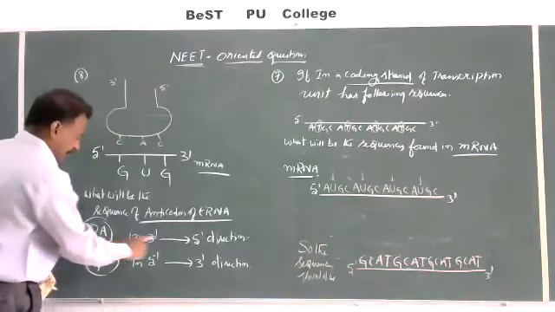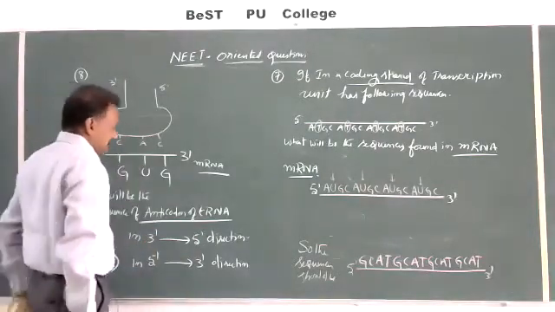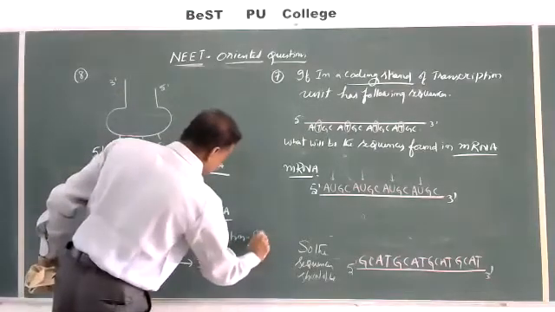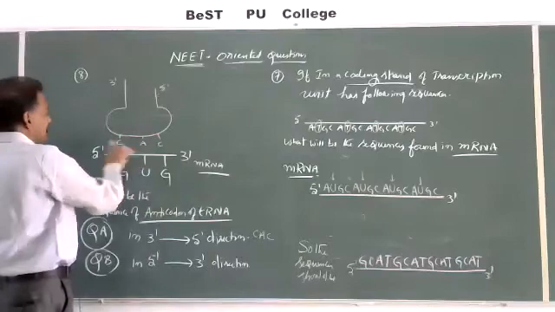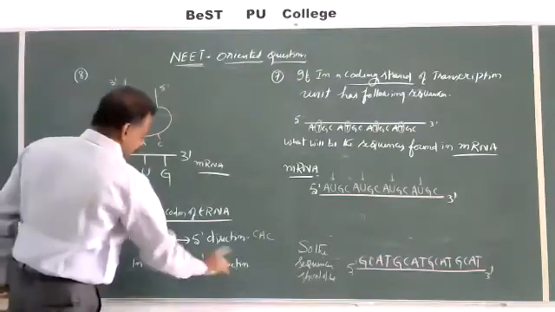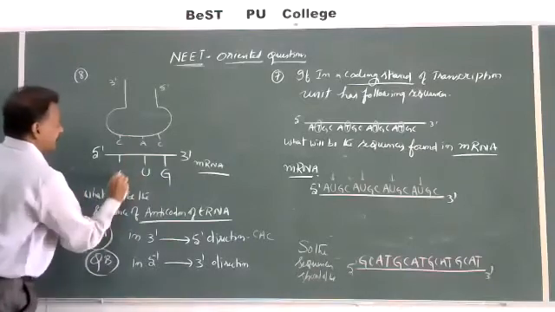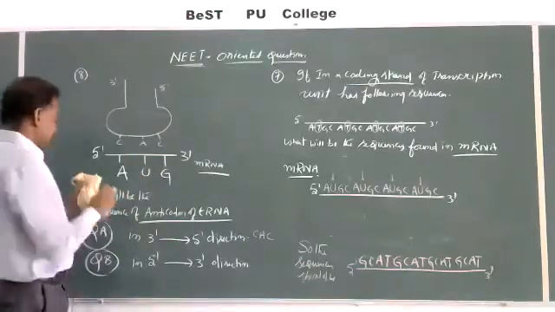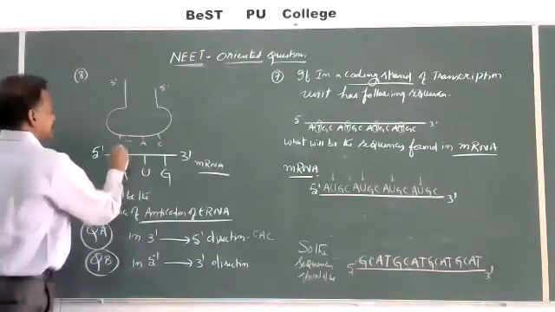So in 3 prime to 5 prime direction, the anticodon should be CAC, or from 5 prime to 3 prime possibility. If the codon changes here, automatically anticodon changes.